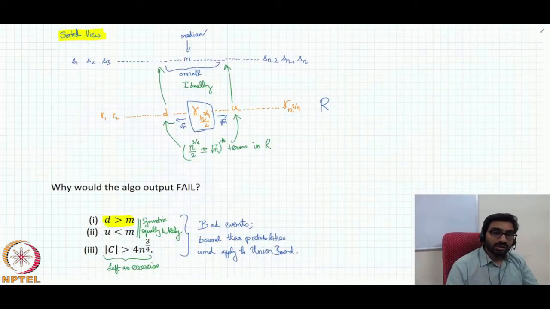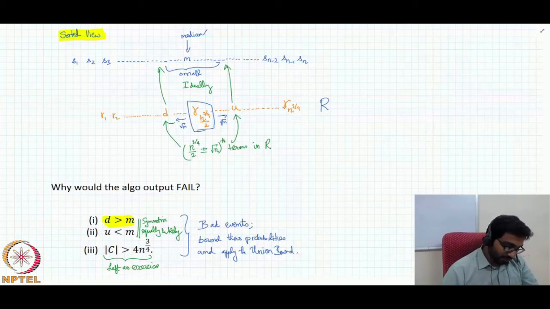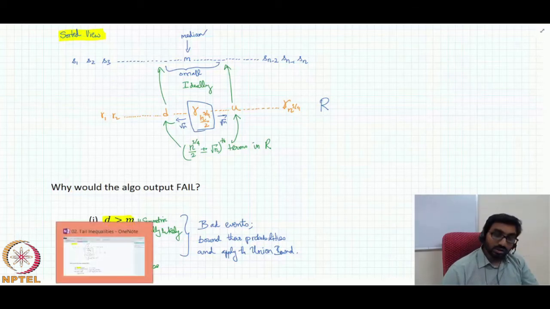Now, since our main focus is to bound the probability of failure, let's try to understand why this algorithm might fail. What are some events that will lead to the failure of this algorithm? There are three events that will lead to failure. The first two are really symmetrically equivalent of each other. So let's look at the first manner in which the algorithm can fail.